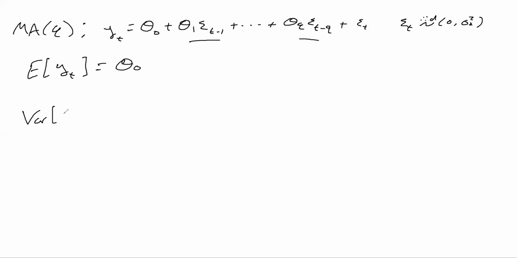let me write the y a little bit clearer. For the variance of y, the variance of theta 0 is 0 because it's just a constant, it doesn't change. So this would give us theta 1 squared, because again, you'd factor it out, multiplied by the variance of the error term, plus all the way to theta q squared, multiplied by the variance of the error term, plus the variance of the error term.